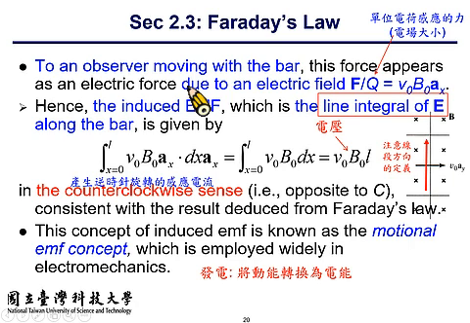So the electrical field intensity is proportional to the product of the moving speed of the bar and the magnitude of the background magnetic flux density. All right?